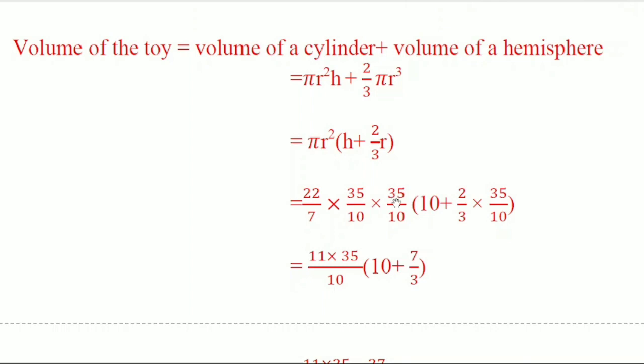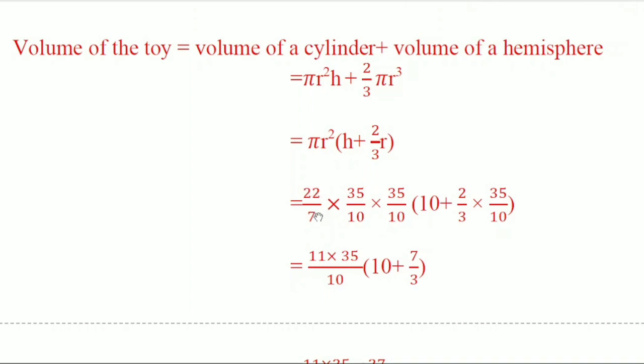So I have converted. 22 by 7 into 35 by 10 into 35 by 10, because r square is there, into h which is 10, plus 2 by 3 into 35 by 10. So 7 1s are 7, 7 5s are 35, 5 2s are 10, 5 7s are 35. Again 10 is there. 2 5s are 10, 2 11s are 22.